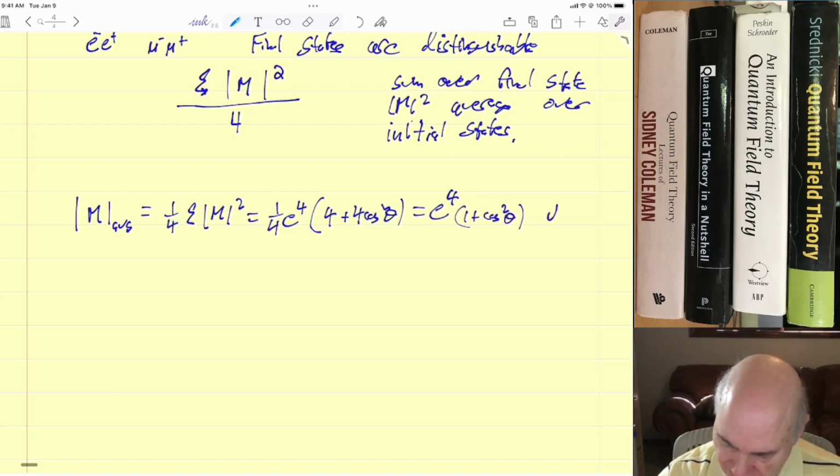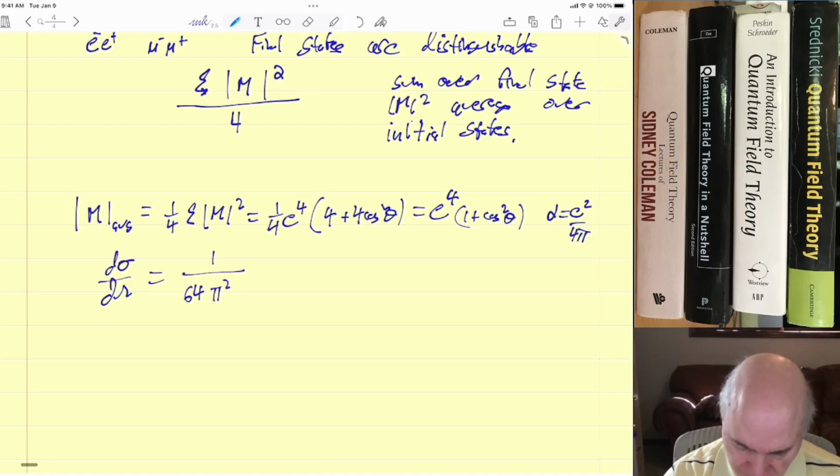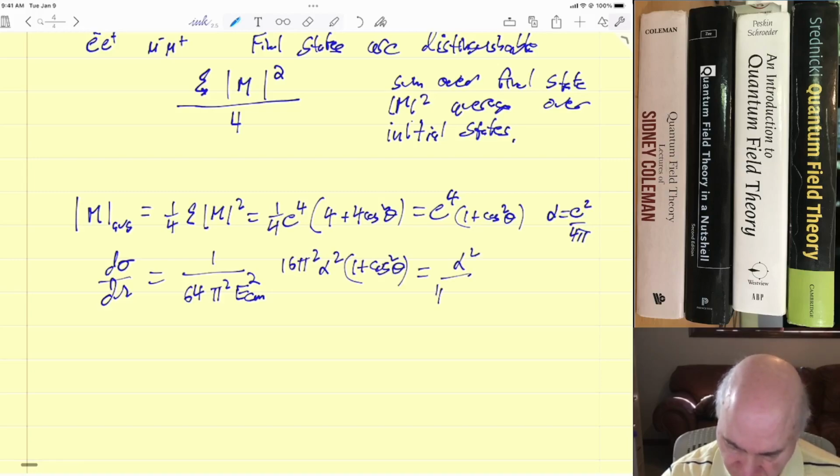And then using alpha equals e squared over 4 pi, we get, finally, substituting in the formula we had originally, 1 over 64 pi squared E CM squared, 16 pi squared alpha squared, (1 plus cosine squared theta), which is equal to alpha squared over 4 E CM squared, (1 plus cosine squared theta).